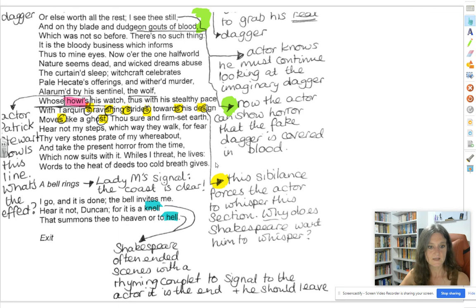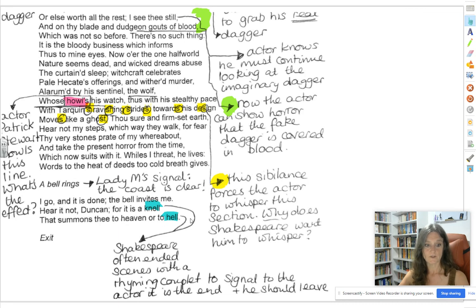So it's like this rhyming couplet wraps up the thoughts about the dagger of the mind. Then the bell rings and reminds Macbeth what his purpose is, but also reminds the actor, no, you haven't finished yet, mate. And then you've got the proper rhyming couplet down here, now hell.